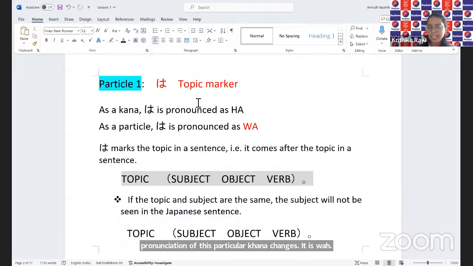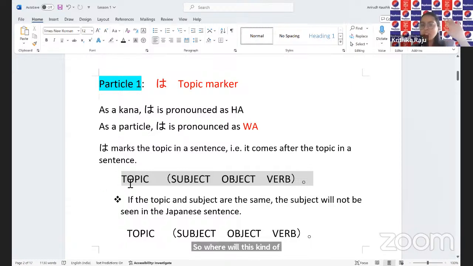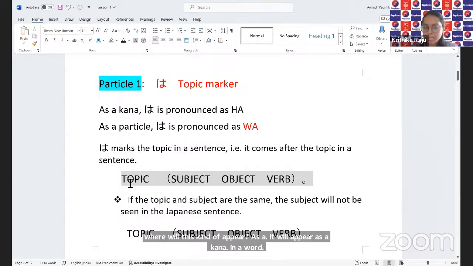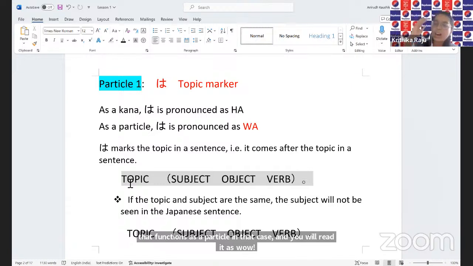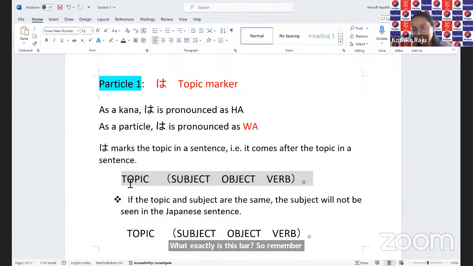In a sentence, you don't always have all of this, but in a sentence, you have a topic. Under the topic, you have a subject, object, and verb. The subject, object, and verb come under the topic.